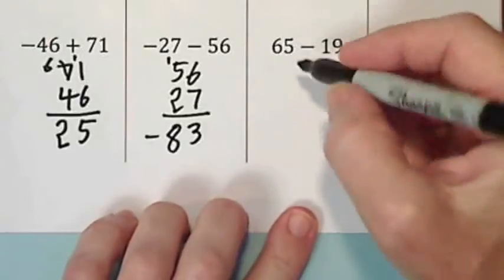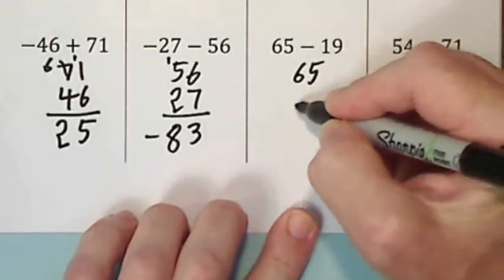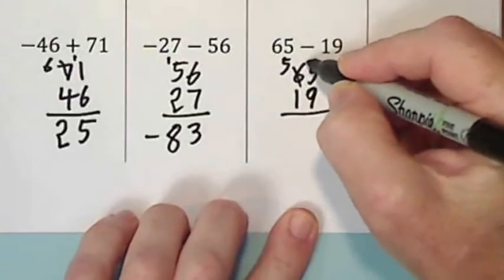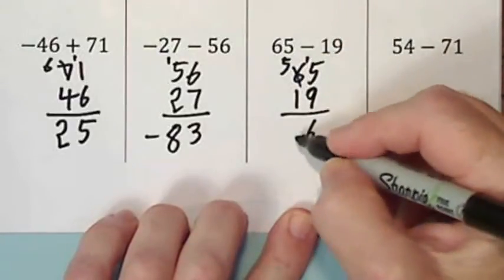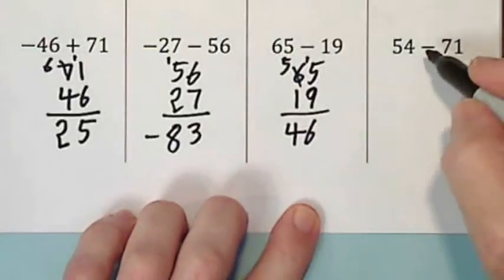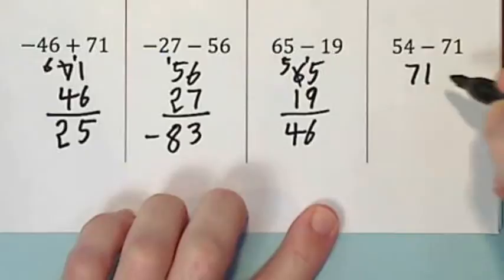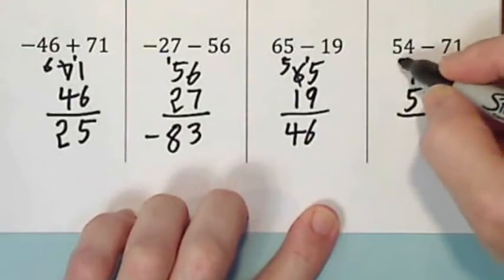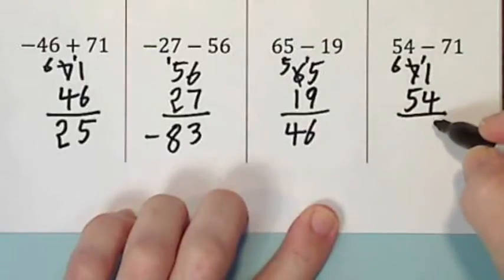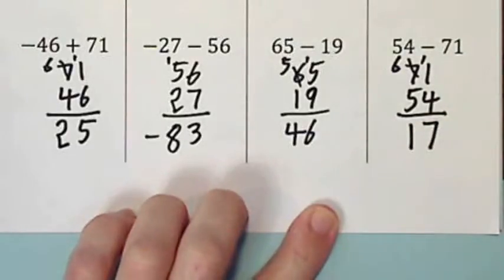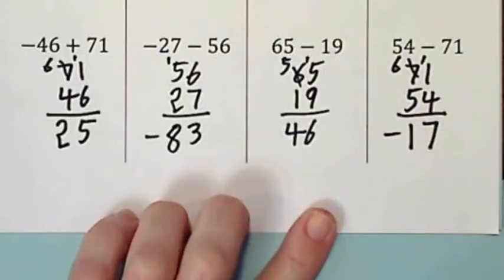Here the signs are different, so we'll subtract. And the answer is positive. Signs are different, we'll subtract. And the larger number is negative, so the answer will be negative.